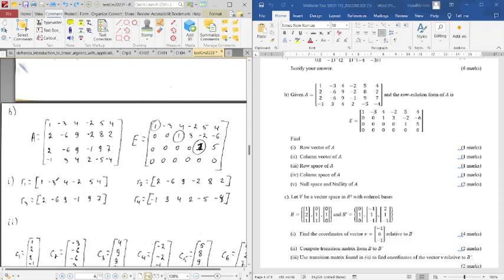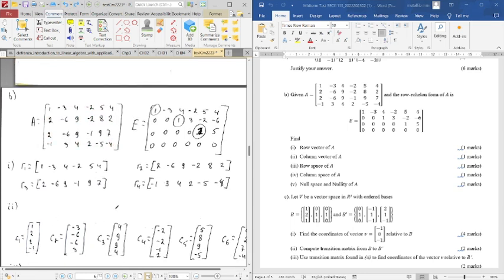Row vector is simply all the rows in the matrix, and we can say them as a row vector. So row vector 1, row vector 2, row vector 3, and row vector 4. So we can write it like this, and it's from our matrix, not from its row echelon form.